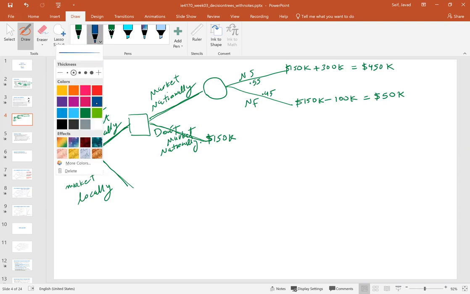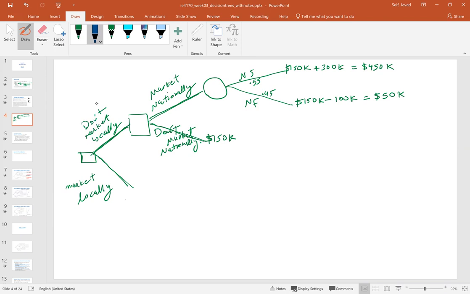Now, let's go to the other main branch. In this scenario, I'm going to market it locally. So what happens after I market it locally? It's going to be either a local success or a local failure, right? So it's out of my hands. I can't do anything about it. I don't have any control over it. So it's going to be an event fork: local success or local failure.